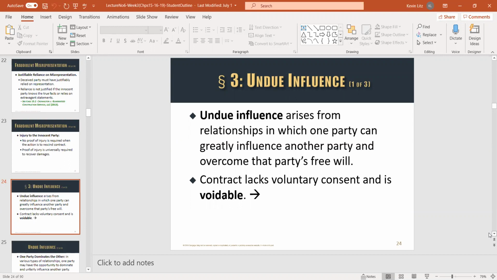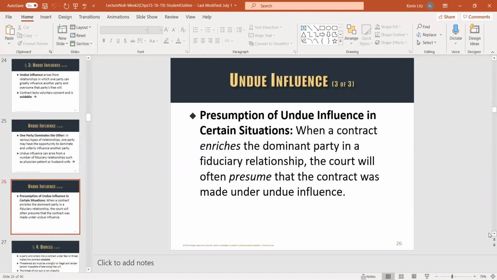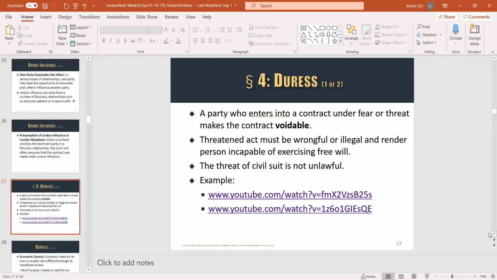Judge, please set it aside. Let me let you look at some examples of duress and undue influence. Slide 27. Please look at those two YouTubes of the hypertext.